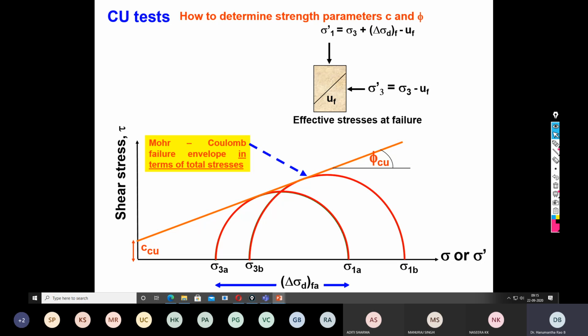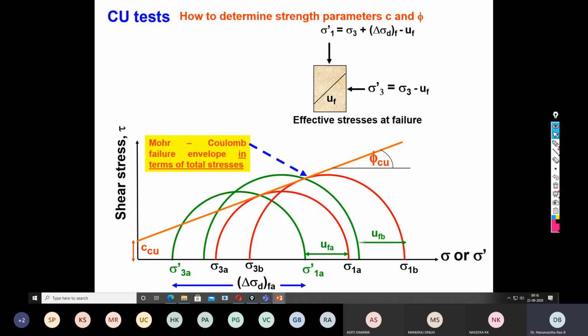This is the Mohr-Coulomb failure envelope in terms of the total stress. Since you are allowing the pore water pressure to develop, there is a shift of the Mohr circle diagram to the left.